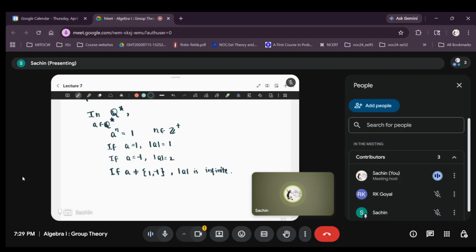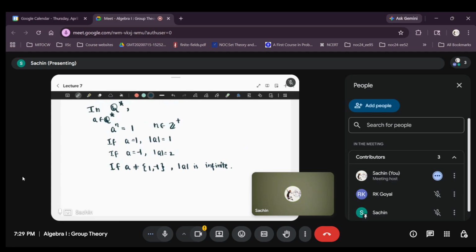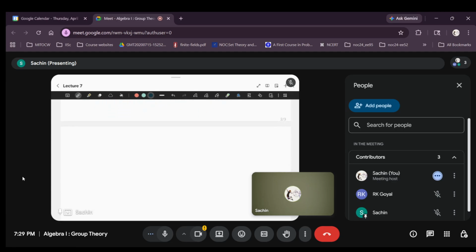But an interesting general fact is that in any group, an element and its inverse have the same order.